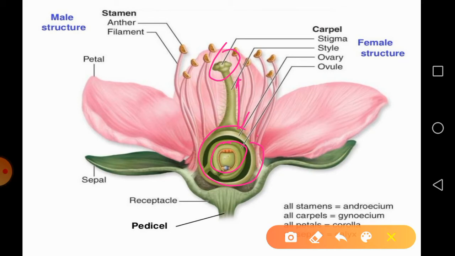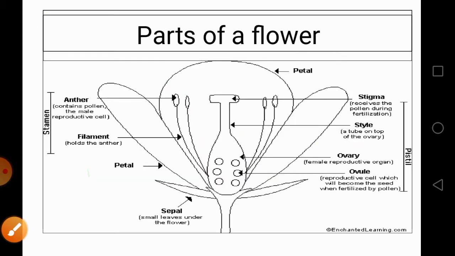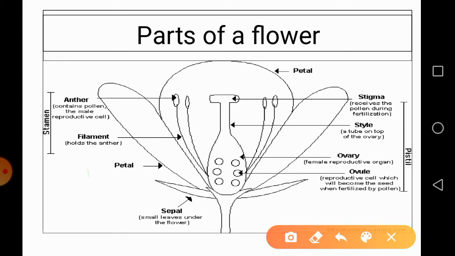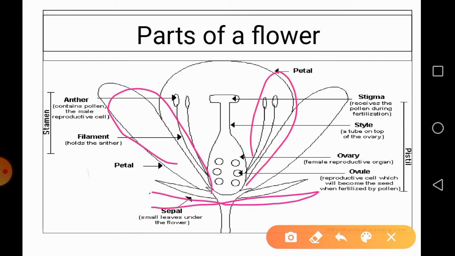One by one we are going to study all the parts. Here you can see the sepal, the small leaves under the flower, which are generally green in color. Then the colorful part is called the petal. Then this one is called the androecium, and the innermost layer, ovary, style and stigma, is called the gynoecium.